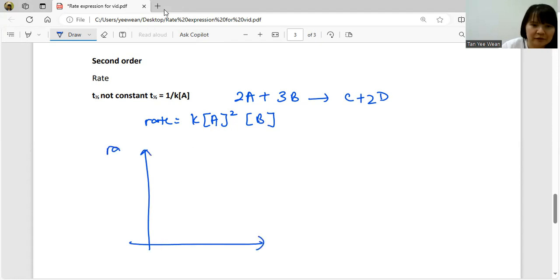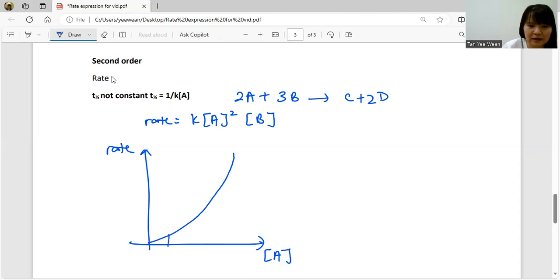How do I plot rate versus A? So it's exponential, right? The graph should go this way. The rate increases much more as the concentration increases.